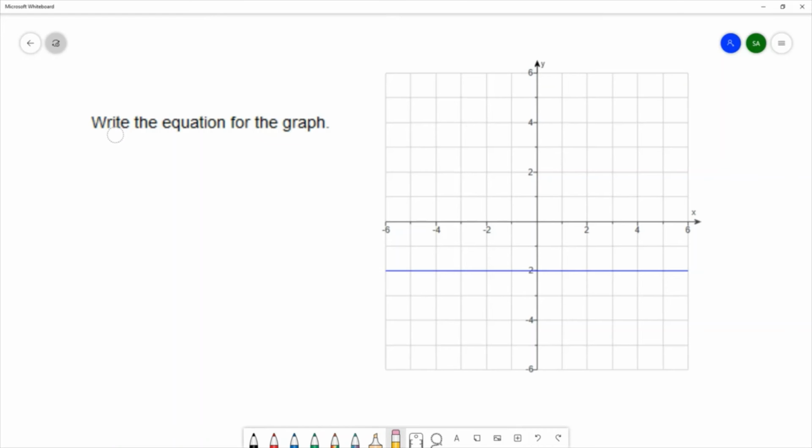In this question, we want to write the equation for the graph shown on the right. Here we have a straight line, and we can see that it is a horizontal line.